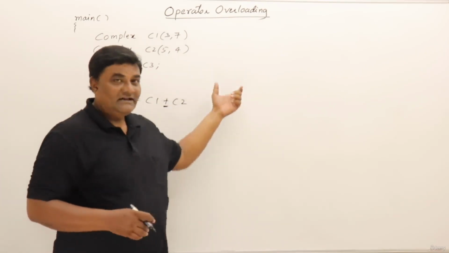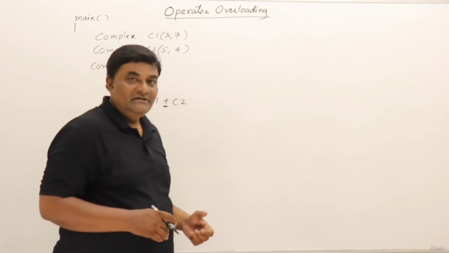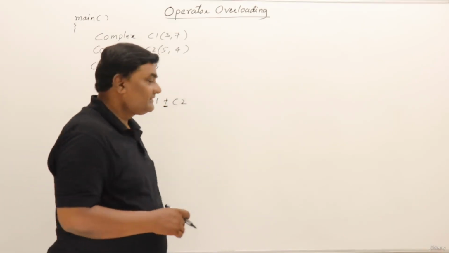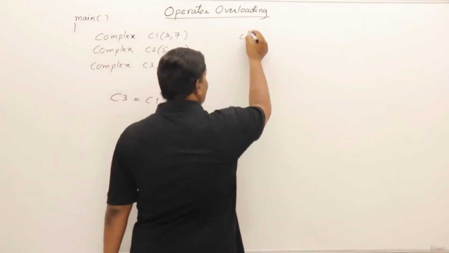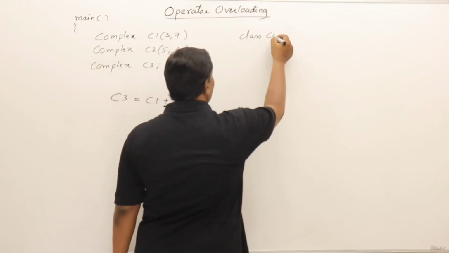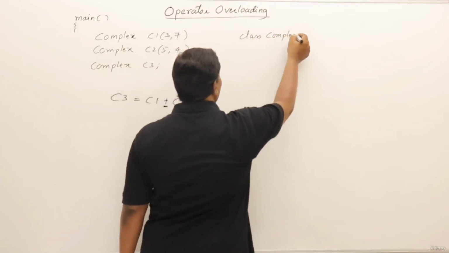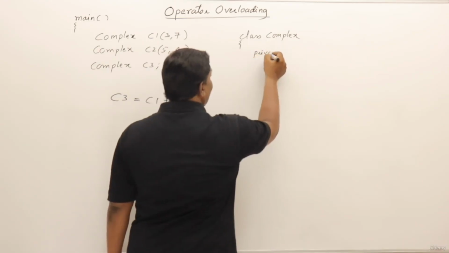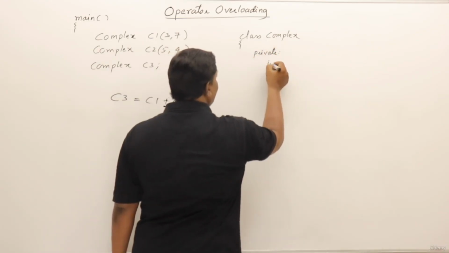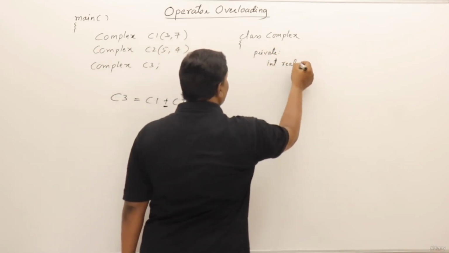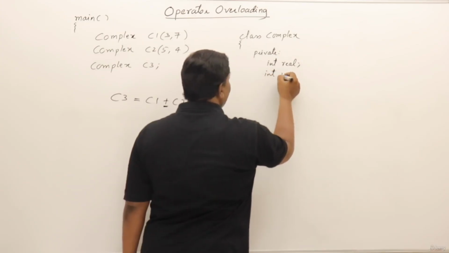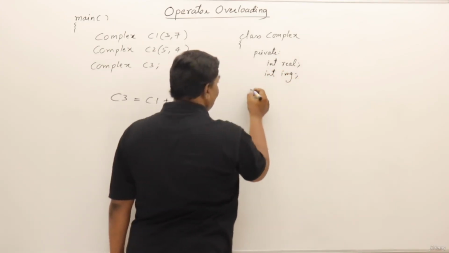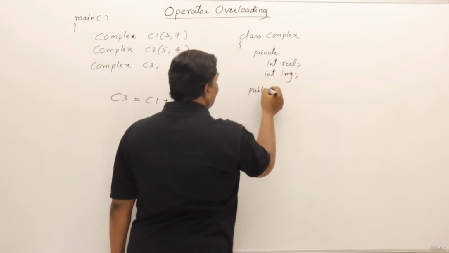So I will write a class complex here once again. I'll just write a few things in the class complex. Now, you know, in private we have members like integer real part and integer imaginary part. Then public.